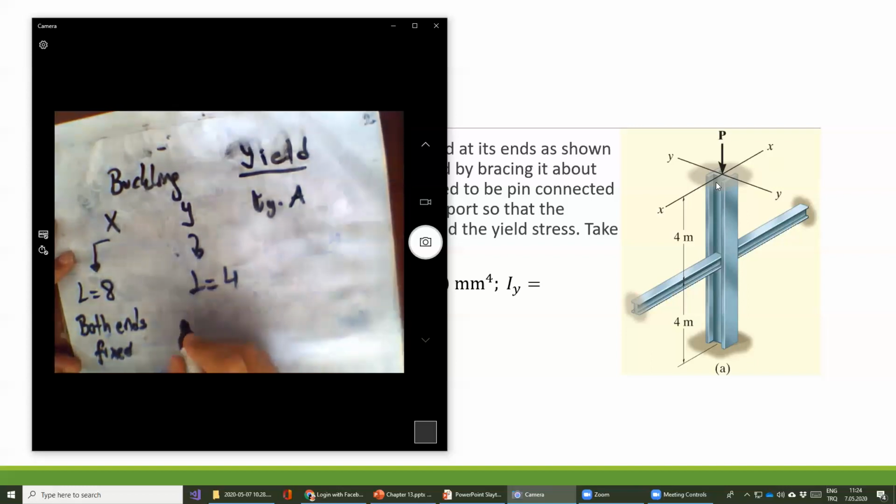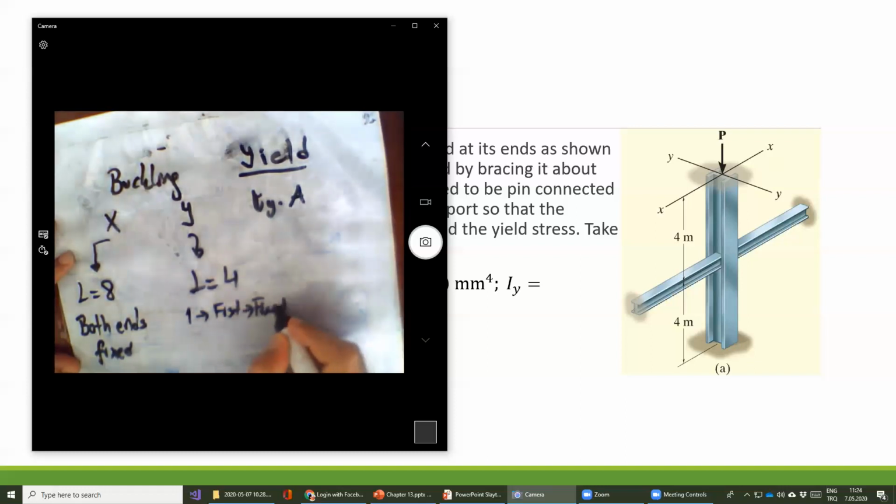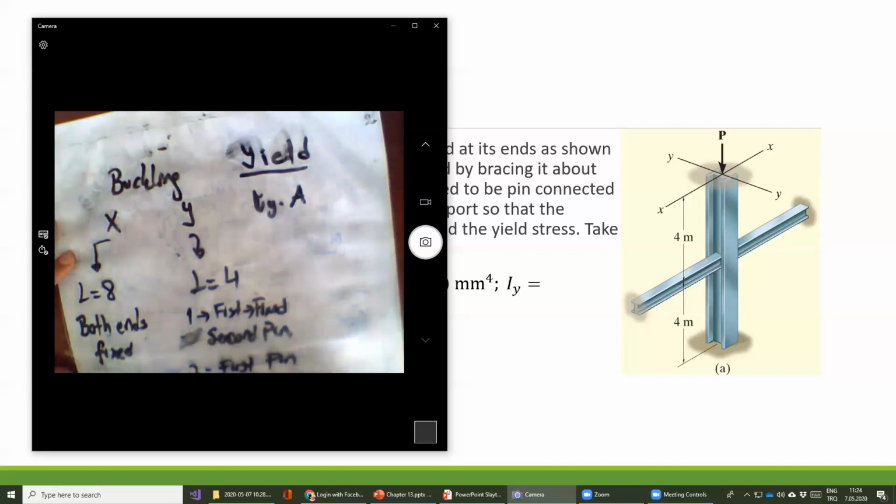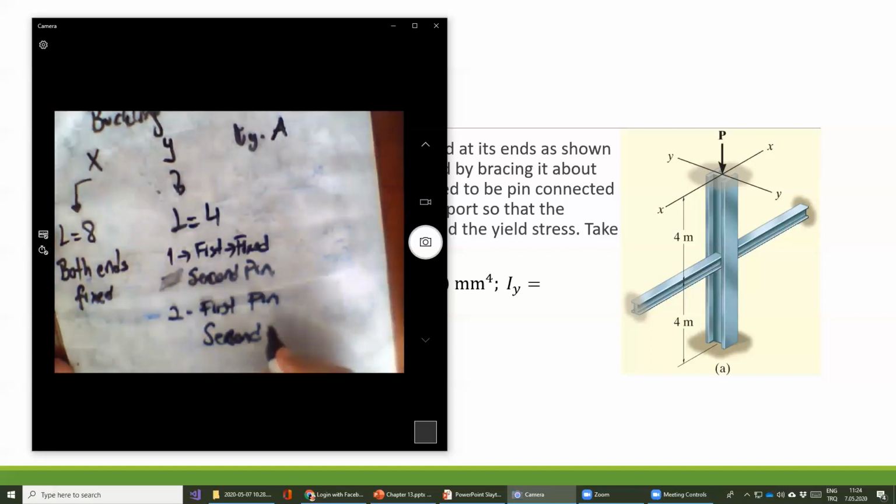In the first, first fixed, second the midpoint is pin. In the second part, first pin, second fixed.